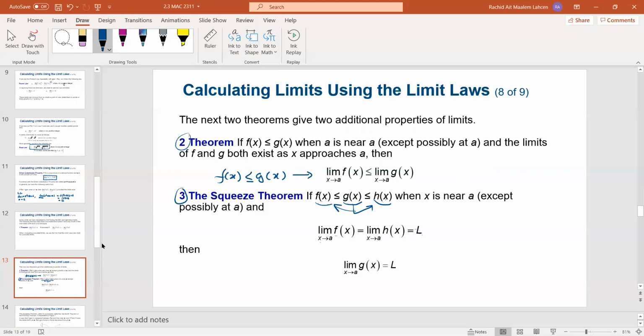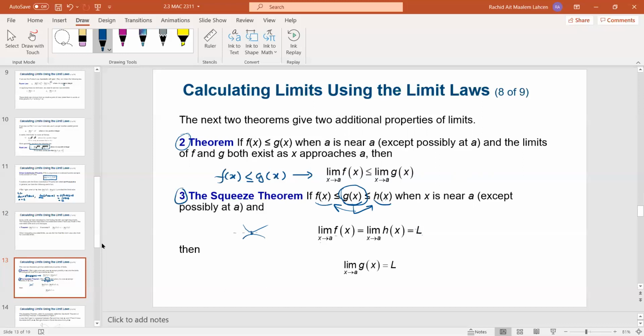So think about this theorem too, and think about what we're talking about now. And I'll show it in the example. What does that mean? It means that this must have the same limit. It's squeezed between the two, right? It's almost like you're saying this and this.